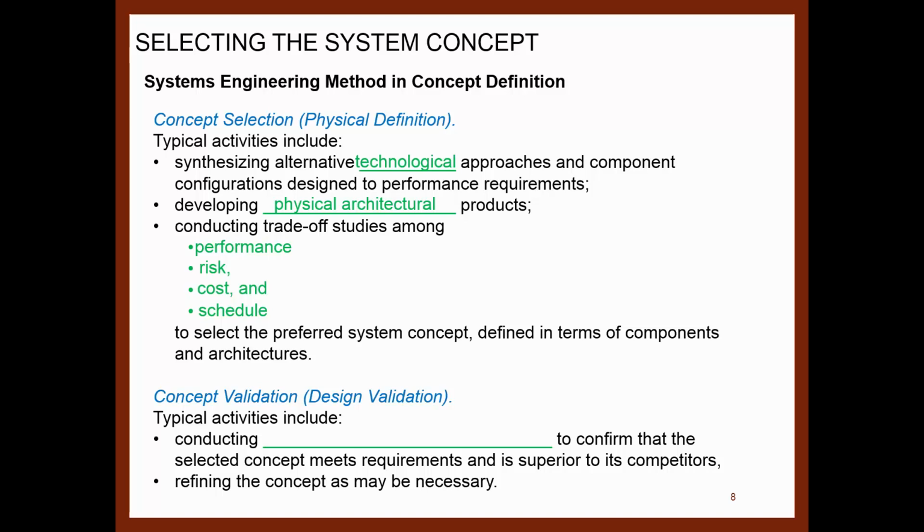In terms of concept validation, some of the activities include conducting system analysis and simulations. We talk about simulation using the math theory that we discussed in the previous lectures to confirm that the selected concept meets requirements and is superior to its competitors, and also refining the concept as may be necessary.